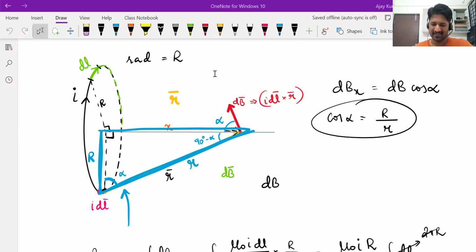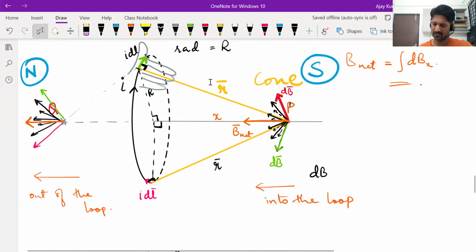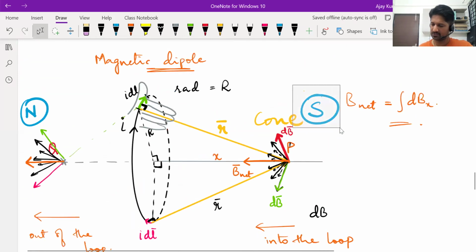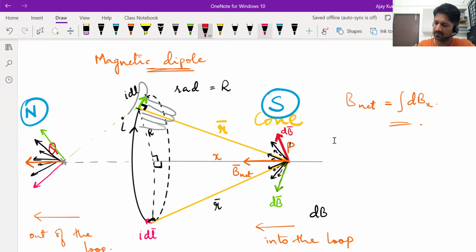Now see here, one side of this loop behaves as the south pole. Like in this case, the right side behaves as the south pole and the left side behaves as the north pole. The field of this loop is directed from south to north. I'll just indicate the field here.